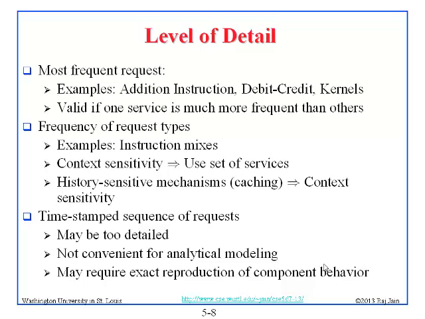So this is valid only if one service is much more frequent than others. So this would be a good thing. But if you have services which are not peaky, in the sense that one thing is not more than everything else, then you have to go to the next level. So then what you do is you do the frequency.